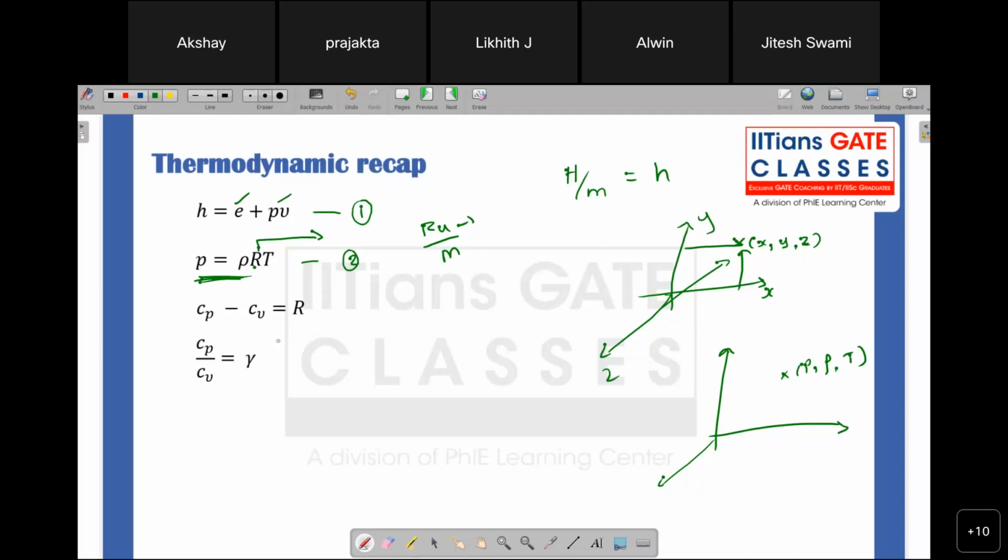We can define a unique non-dimensional number, Cp by Cv, which we call gamma. But gamma is more related to the molecular idea of a particle, like whether it is a monatomic gas or a diatomic gas.